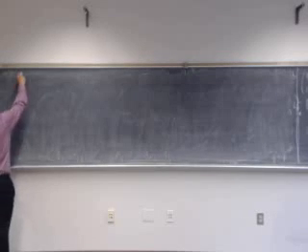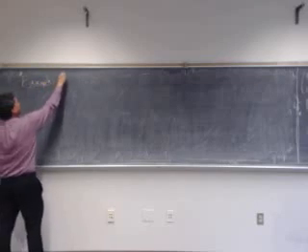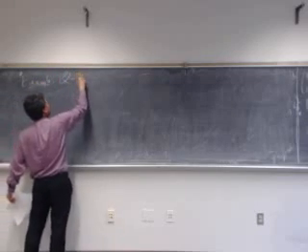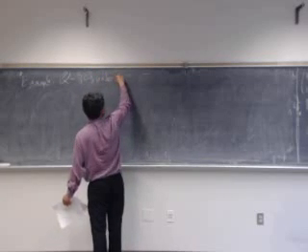So let's look at another example. Let's look at Q take away 0, the non-zero rational numbers under multiplication.